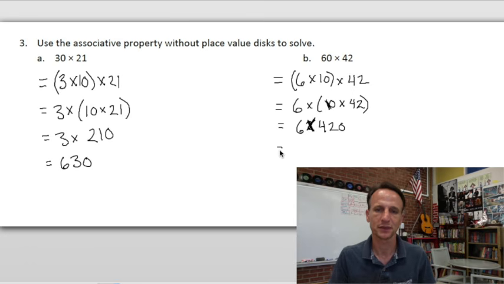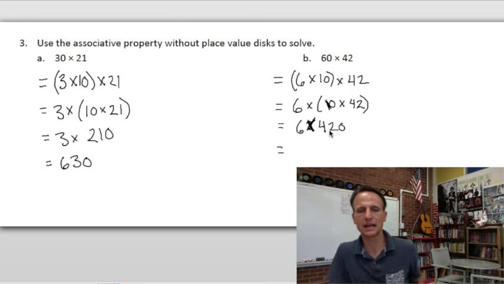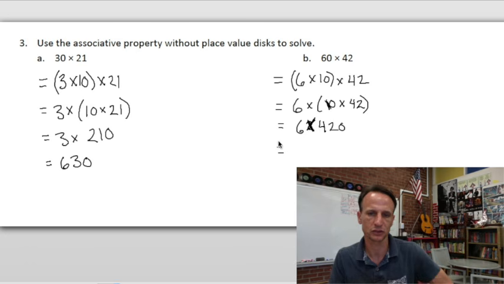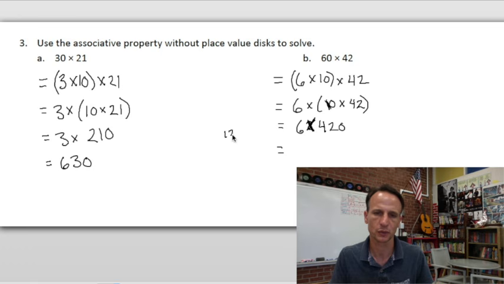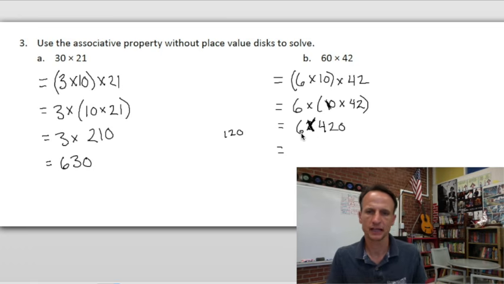Got to slow down, maybe. All right, so now this one's going to require a little scratch space here. 6 times 20 is easy to do. 20, 40, 60, 80, 100, 120. Okay, 120. And then 6 times 400.